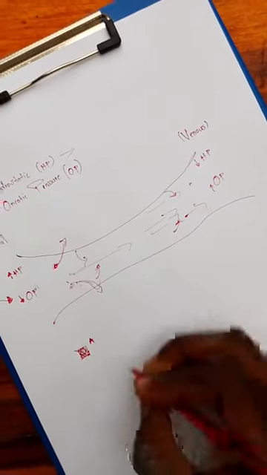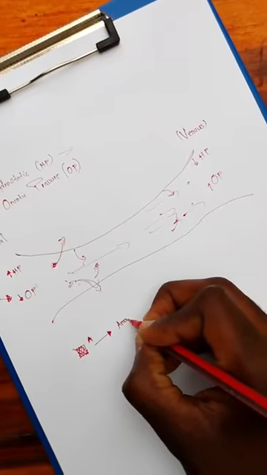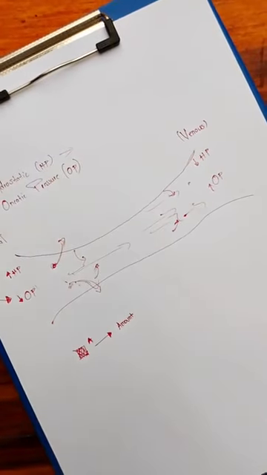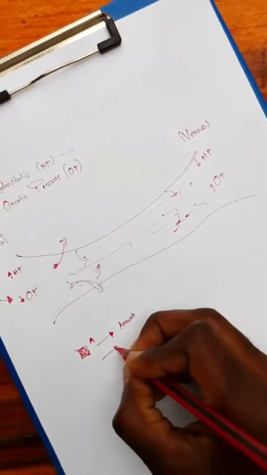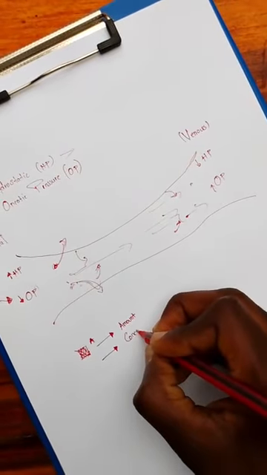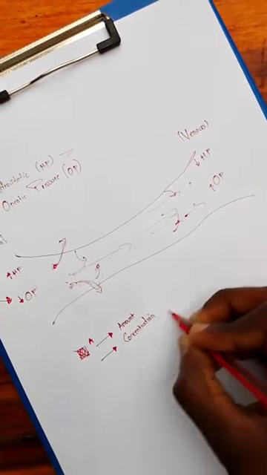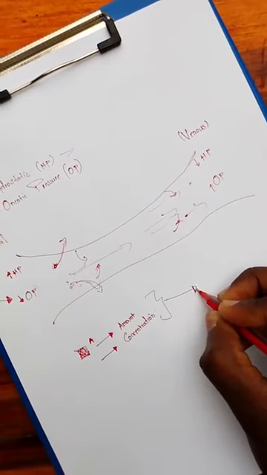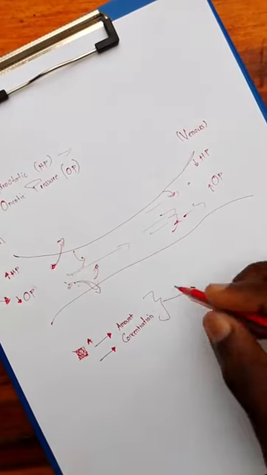Before you inject it, you have to know the amount of this indicator that you are about to inject. Then you also have to know the concentration of the indicator. Upon knowing that, you inject this indicator into the compartment of interest.